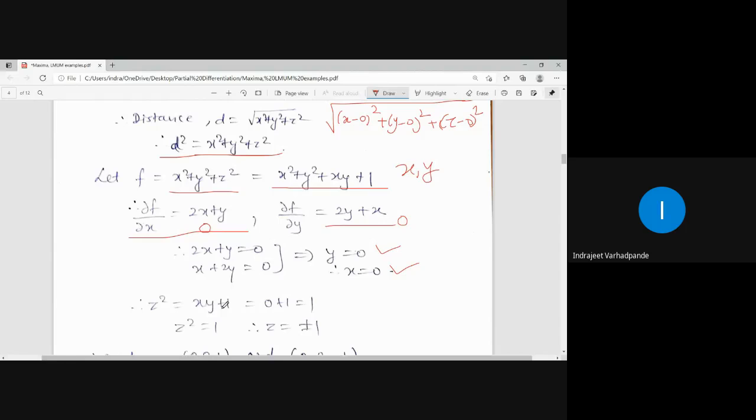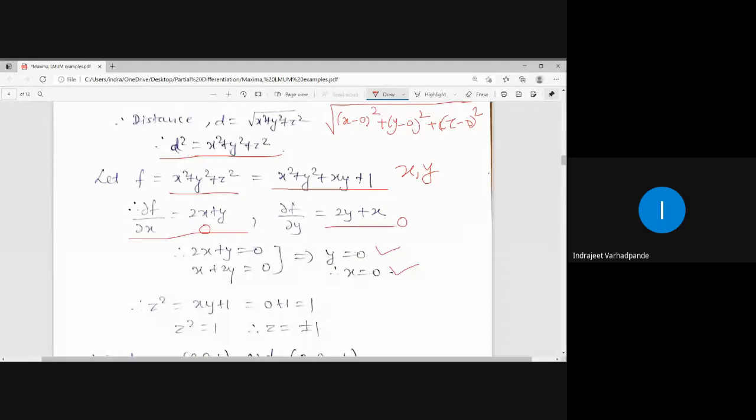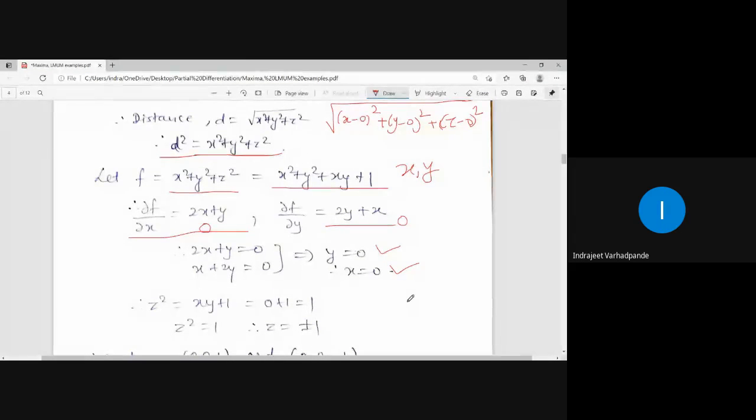Simultaneous equations or simplification gives you the answer: x is equal to 0 and y is equal to 0. Calculating the value of z square, z is equal to plus minus 1.